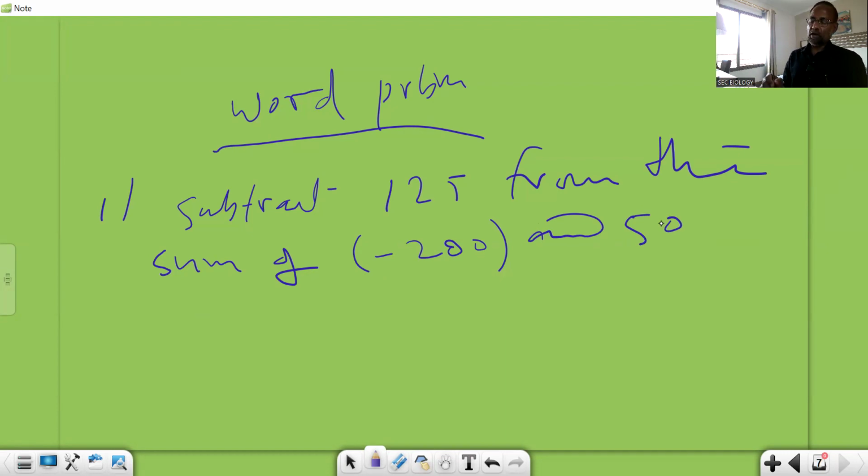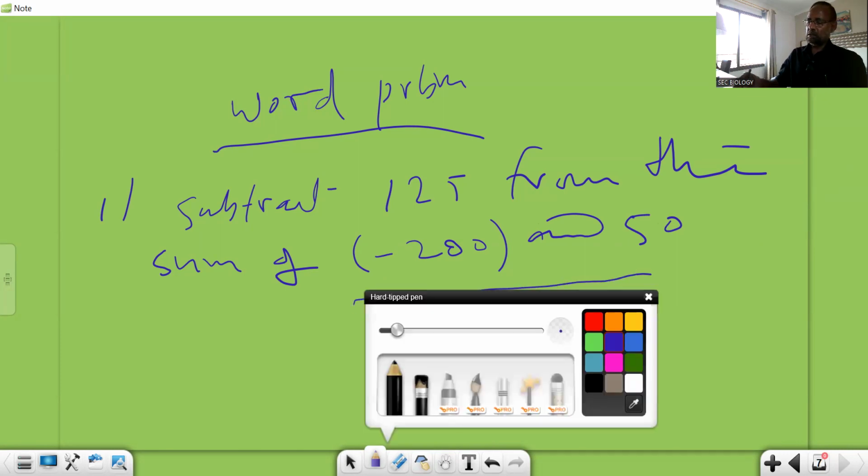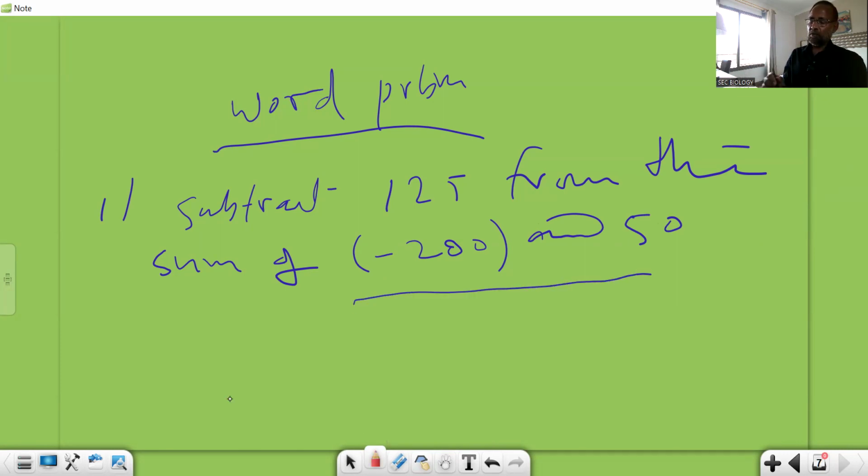So first you have to find out the sum of this one. Sum of minus 250 and 100. Put the bracket. That we know: different sign, find the difference. What is the difference? That is 150. What is the sign of the big number? Minus 150. So you got the sum.